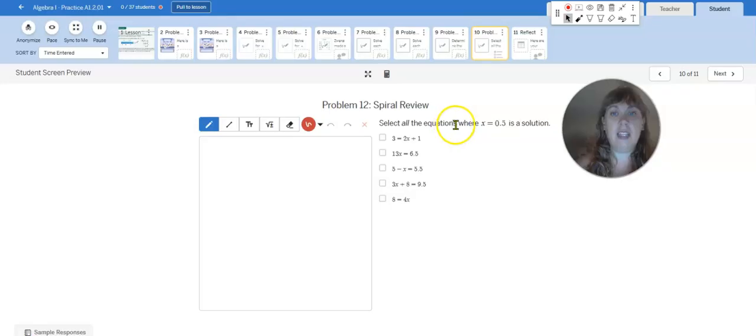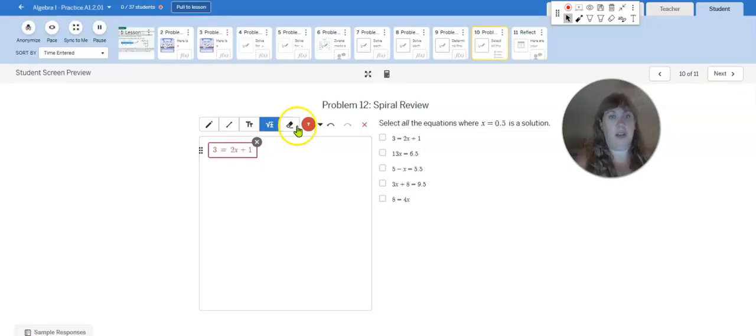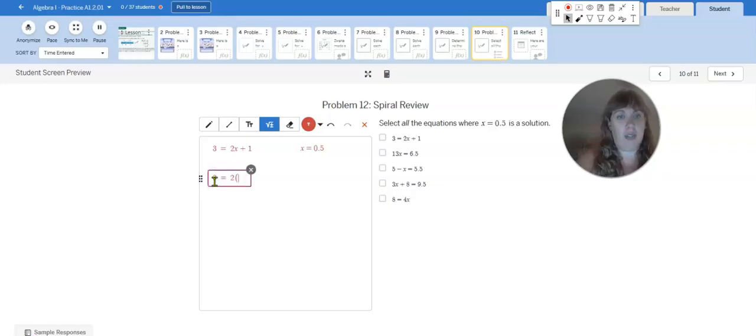Problem 12 says select all 3 equations where x equals 0.5. So for this one, you're going to finish this last one on your own. There's multiple equations you're going to select. So if you start with the first one, 3 equals 2x plus 1. If 0.5 is the solution, when we plug in 0.5, we should get a true statement.